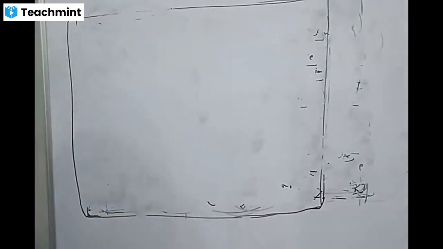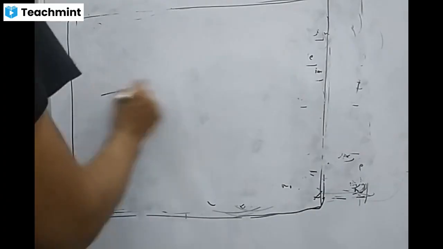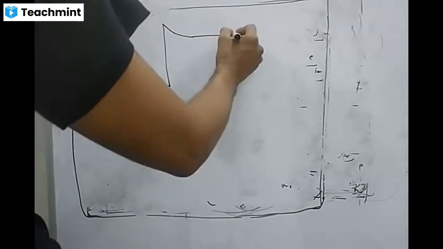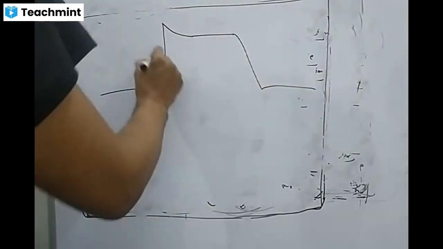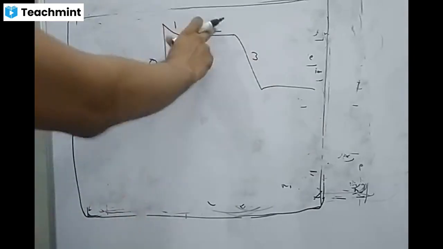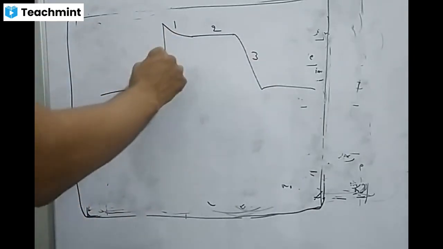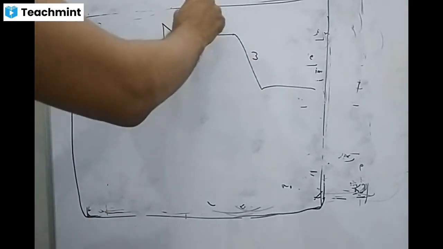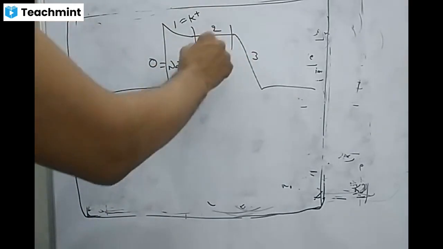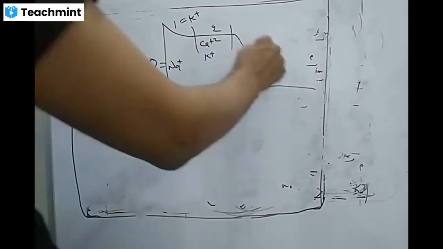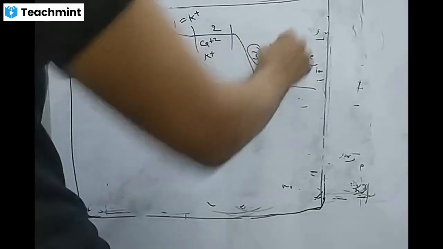If I summarize: draw a line, then straight, then a small plateau, and come down. 0, 1, 2 and 3. The 0 is because of sodium, 1 is because of potassium, 2 is because of both calcium and potassium, and 3 is because of only potassium.